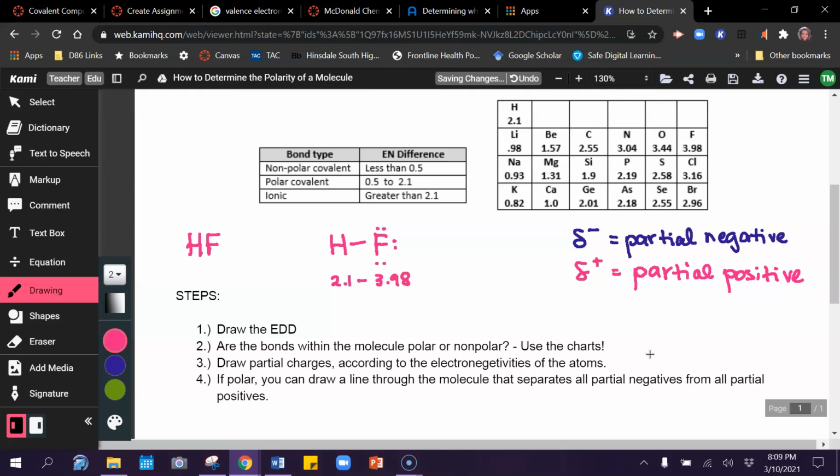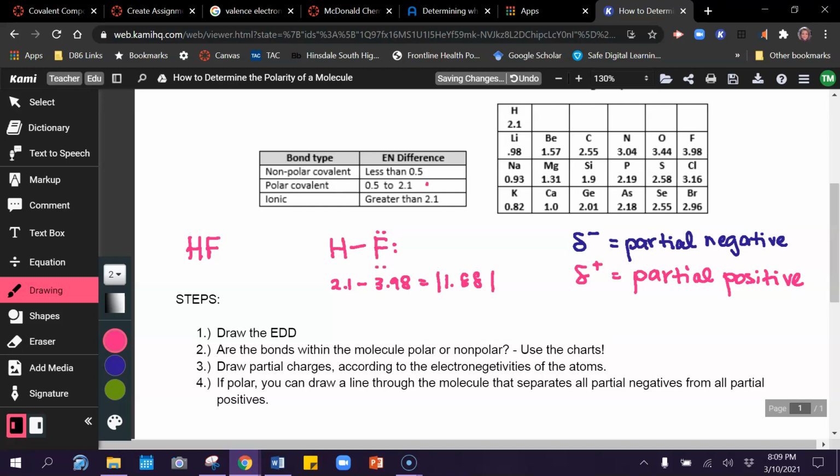And when I subtract those two, and I put my electronegativity difference in absolute value bars, what I get is 1.88. Well, that is a polar covalent bond because this answer falls in between 0.5 and 2.1.